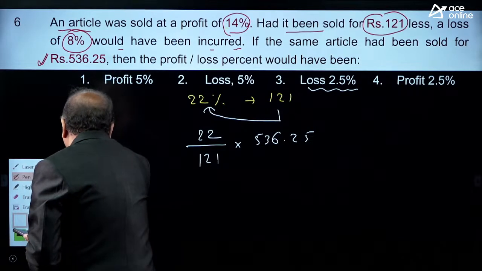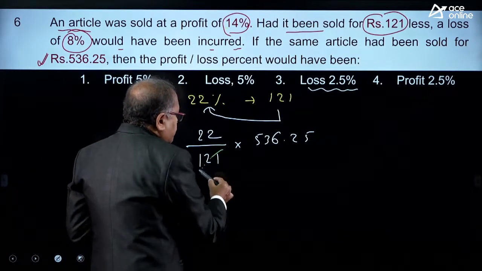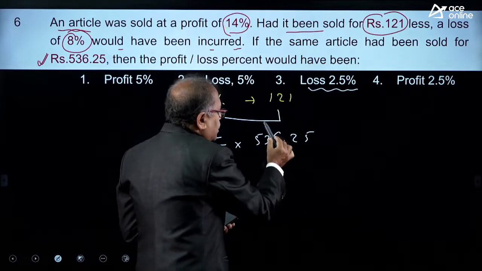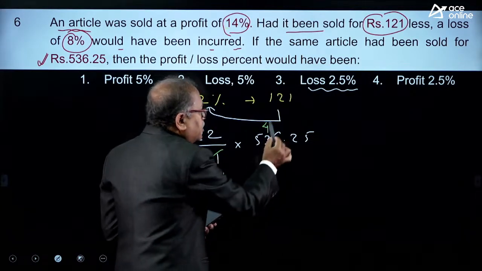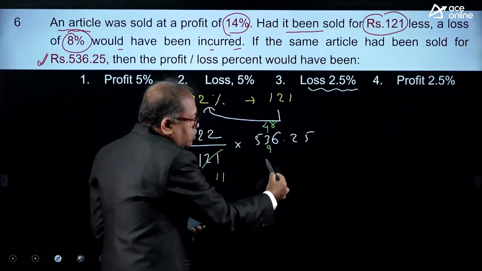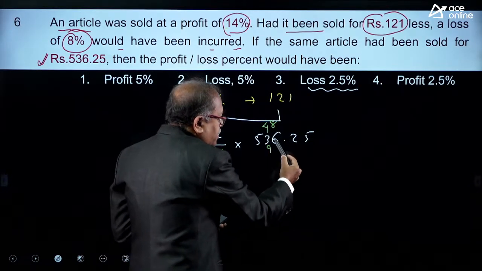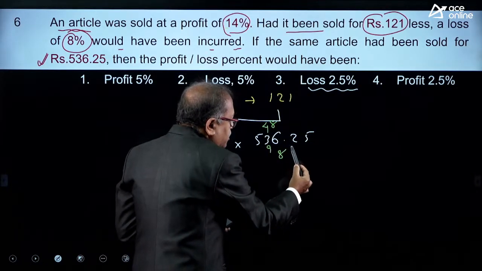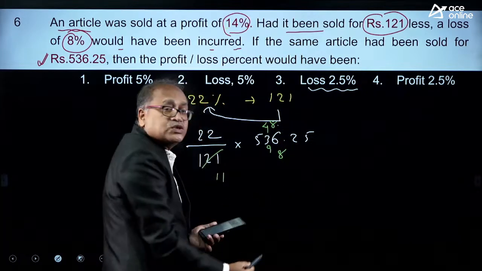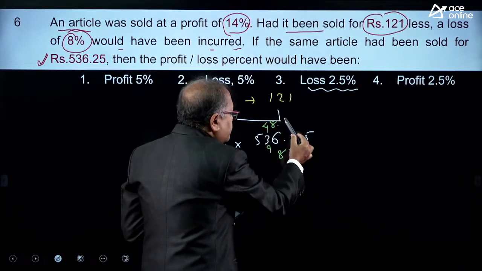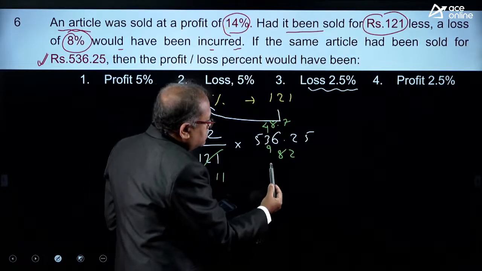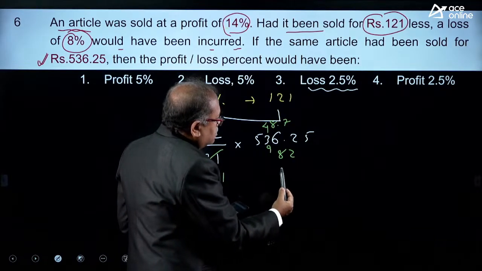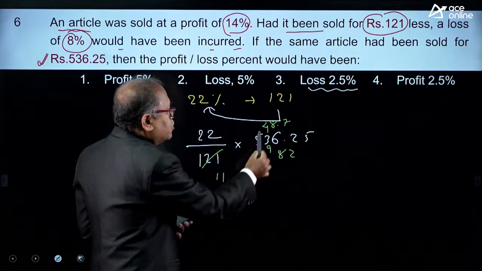A small calculation is there. So let me finish this one. 11 times it goes, and this is 4 times 44. I am left with 9, 8 times this one. So the 88, I am left with 8. Another 8 is there. So put the decimal here, and 2, it goes 7 times, and further, where did I go wrong?